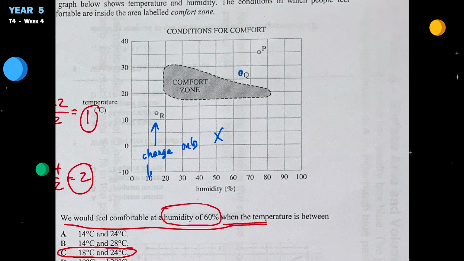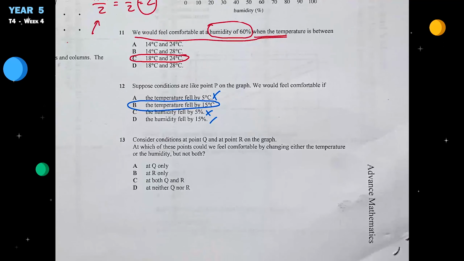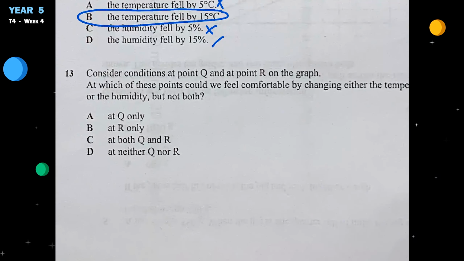If you change humidity only, it still won't be good enough. You can't change both. You can't change temperature and humidity to get the comfort zone. That's what it's saying. So therefore, at point R, you cannot get comfortable by changing only one thing.